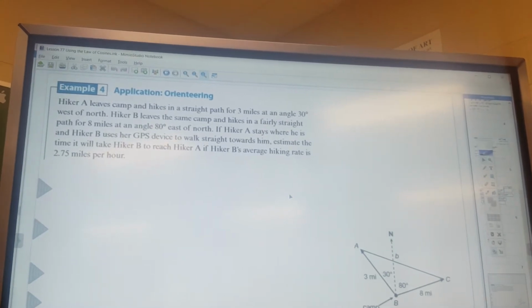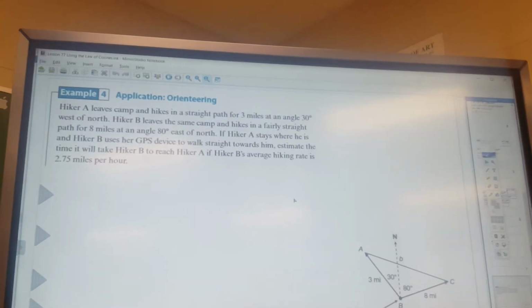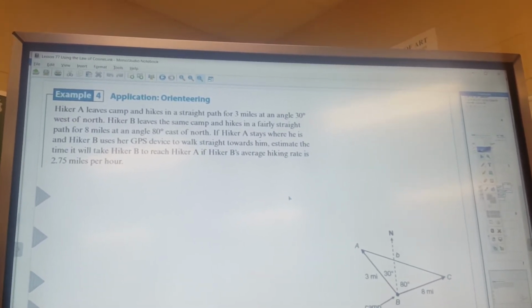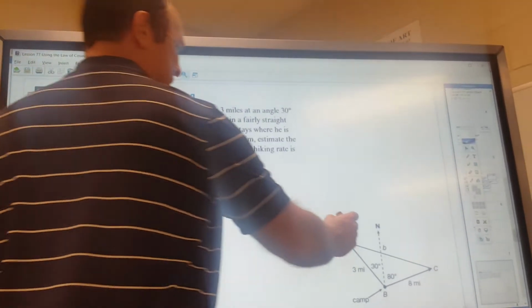And then the time for hiker B to reach hiker A if hiker B's average hiking rate is 2.7 miles per hour. So what we want to do is find the distance.